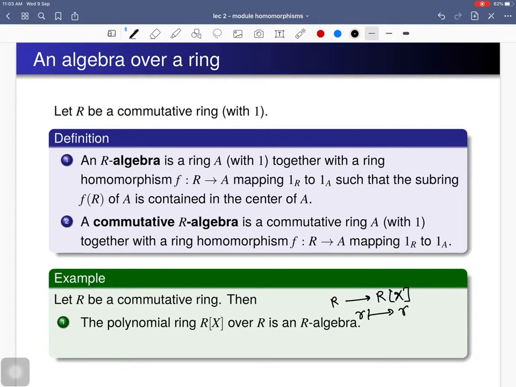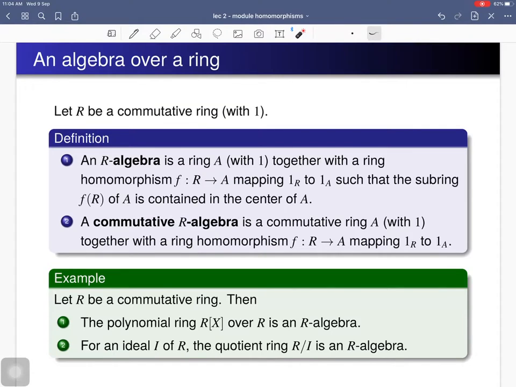So this is a ring homomorphism, you can verify, and here the identity element of R goes to the identity element of R[x], and f of R is contained in the center of this ring. Okay, because you are considering a commutative ring, so this polynomial ring is an R algebra.